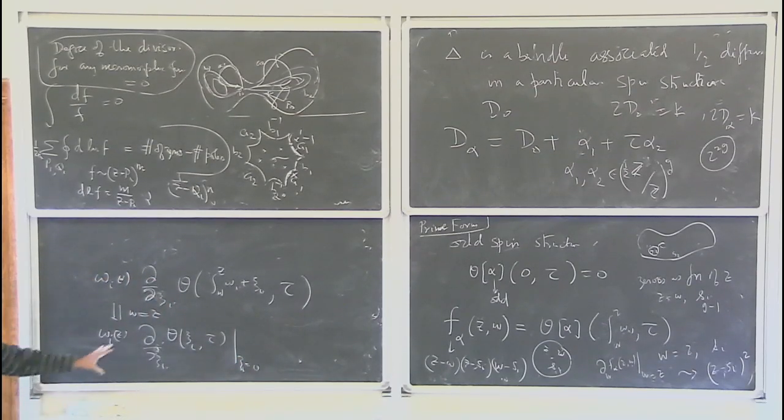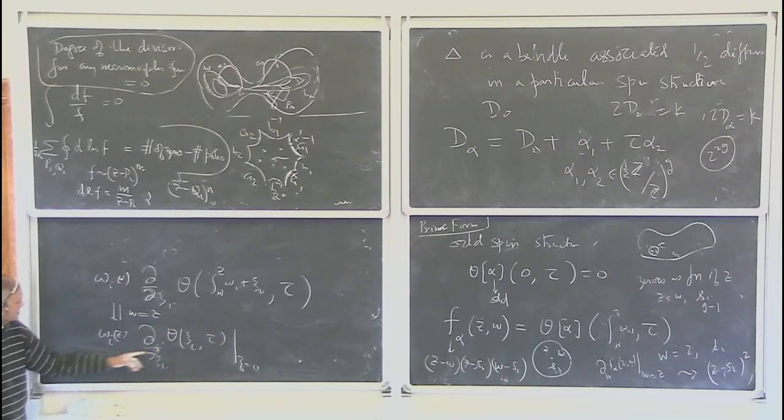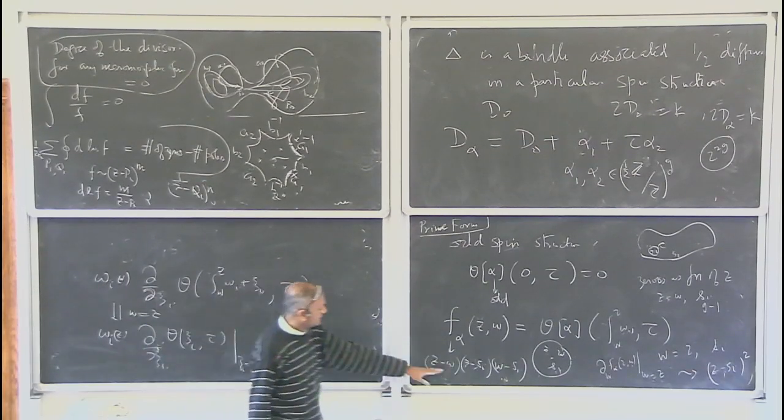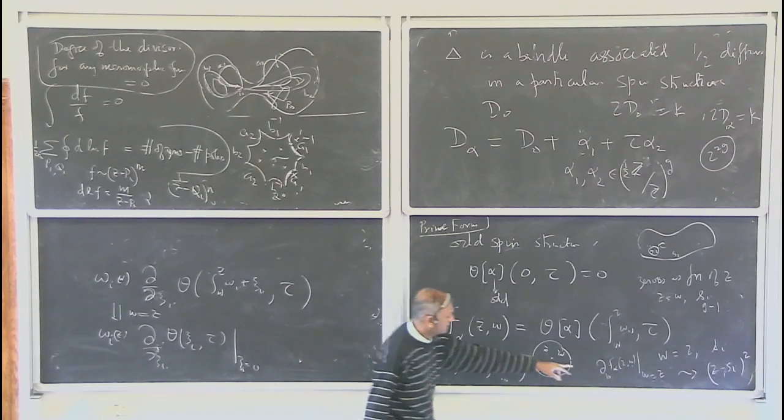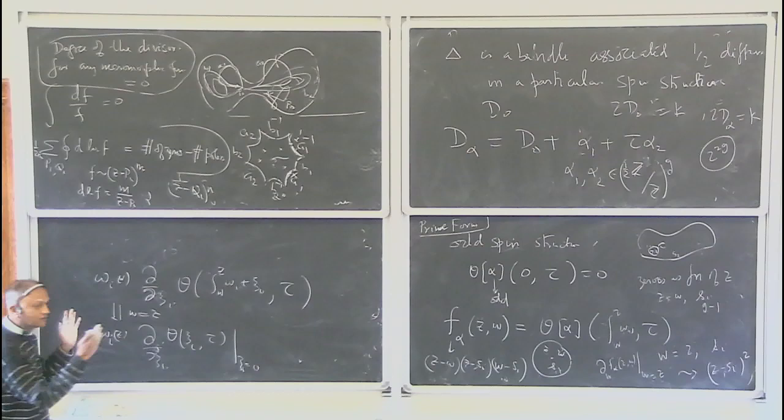This object does not depend on Z at all; these are some numbers. The only Z dependence is here, but these are one differentials. So very explicitly we see that this operation of taking the derivative and setting W equal to Z gives you a one differential.